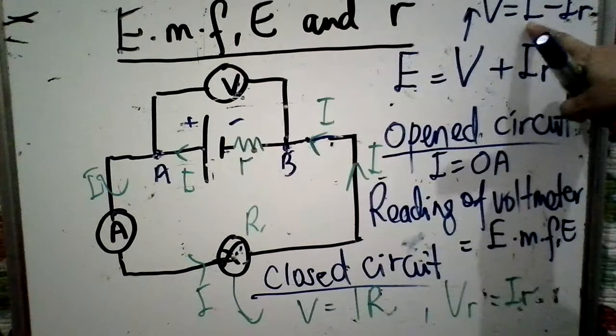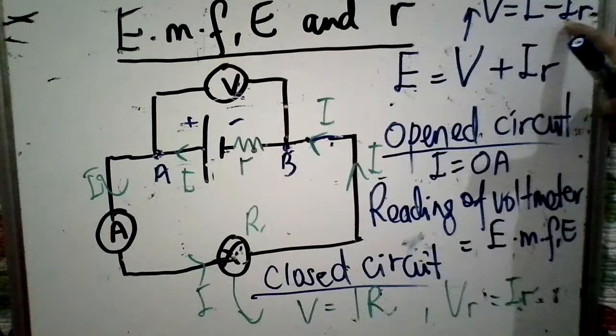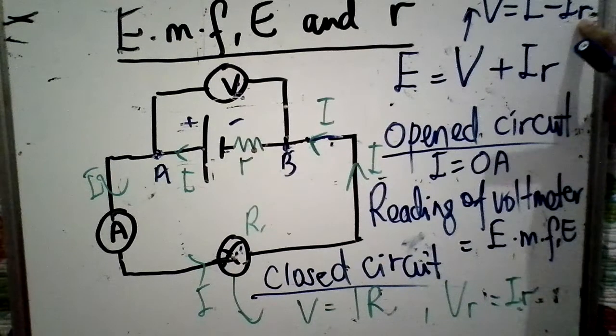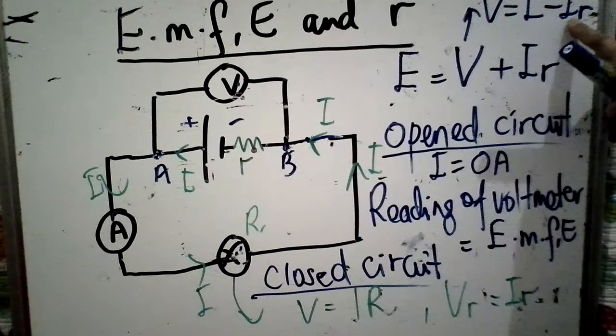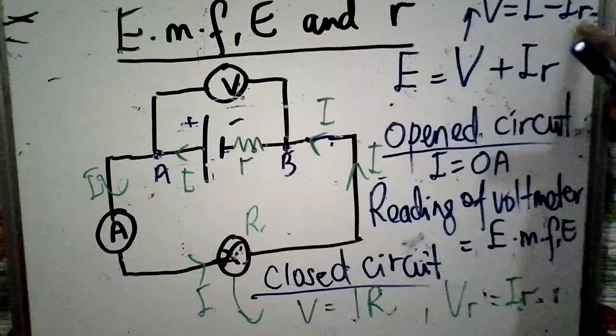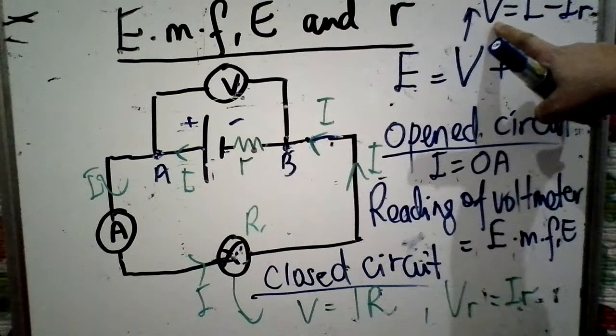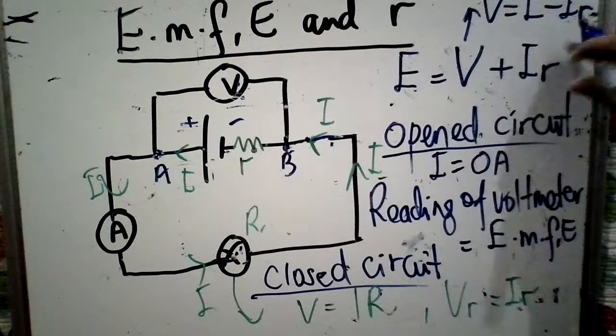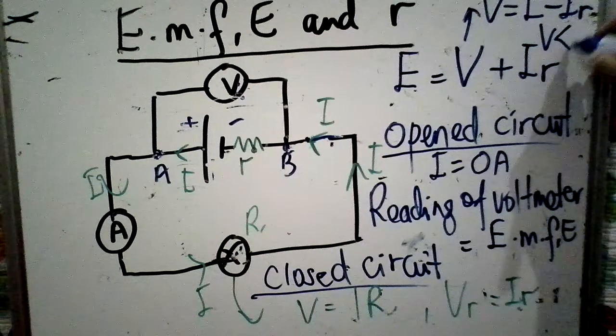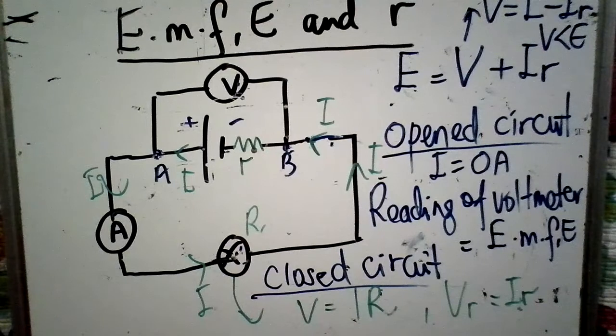Meaning, when there is current flow, there will be voltage loss that we call I times small r. This will cause the reading of the voltmeter to become smaller than EMF. Or we can say the reading of the voltmeter decreases when current flows.